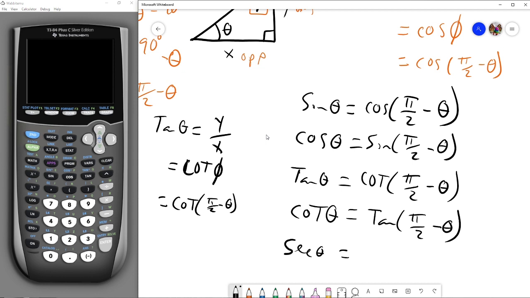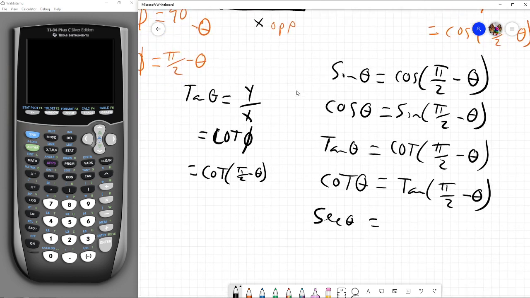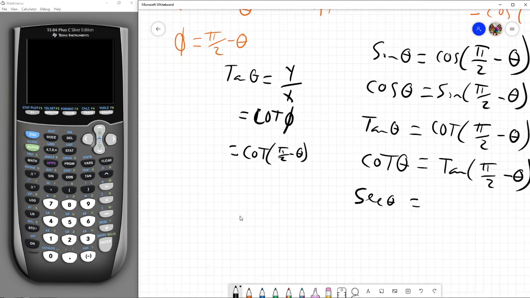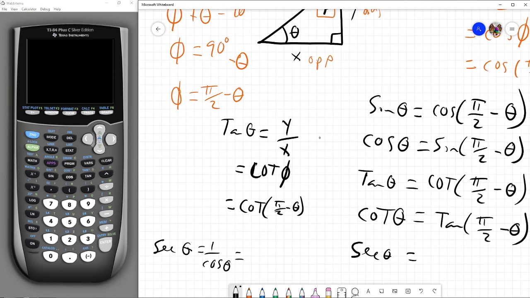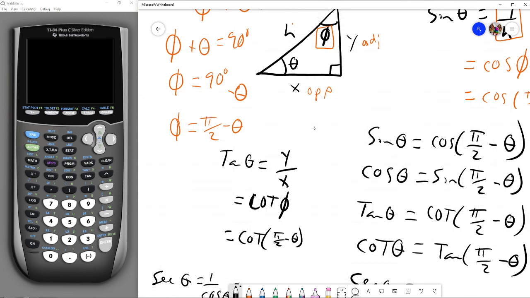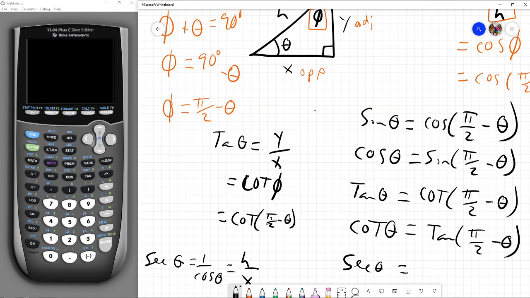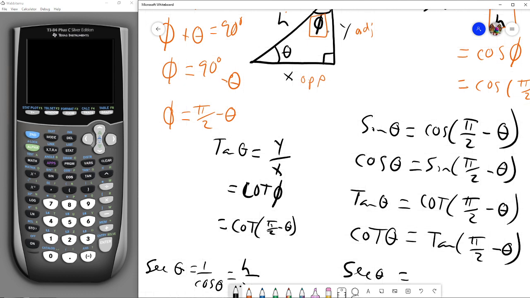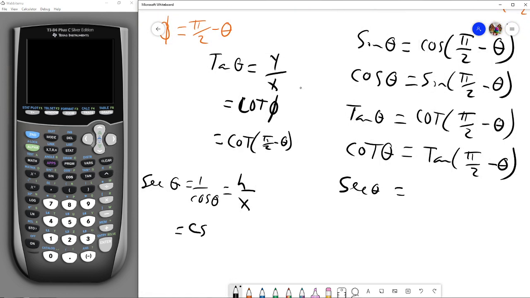Secant theta, let's see here, secant theta is 1 over cosine theta, which is equal to hypotenuse over adjacent, that's h over x. And notice that is the same thing as cosecant of phi, h over x.